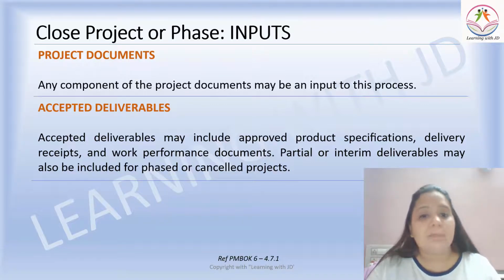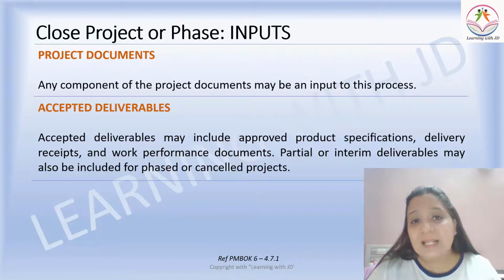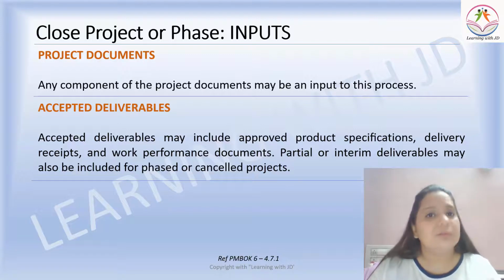It will be given to them and the entire project will be closed only after that. Partial or interim deliverables may also be included for a phased or cancelled project. In case a phase is closing, moving from one phase to another, partial or interim deliverables will be available. In case the project gets cancelled, a project manager still has to follow the process of close project or phase.